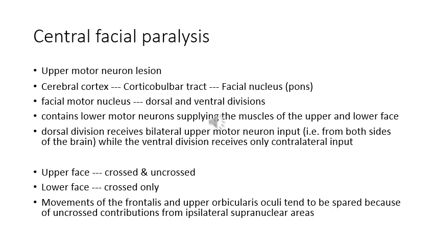That is why in central facial paralysis, the patient is able to move his eyebrows. Whereas the lower face, which has crossed connections only, is affected, and all the weakness and paralysis is seen below that.